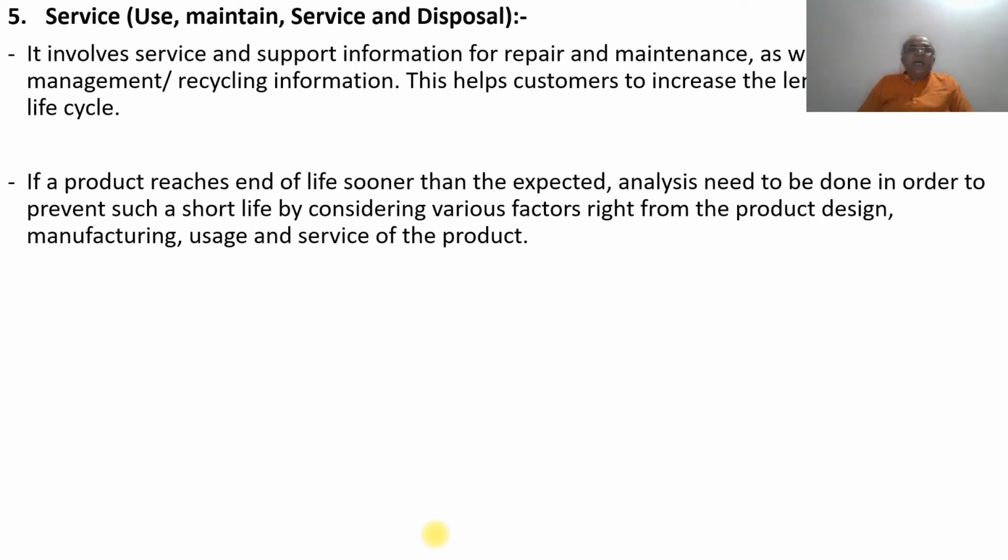It involves service and support information for repair and maintenance, as well as waste management or recycling information. This helps customers to increase the length of the product life cycle. If a product reaches end of life sooner than expected, analysis needs to be done in order to prevent such a short life, by considering various factors right from the product design, manufacturing, usage and service of the product.